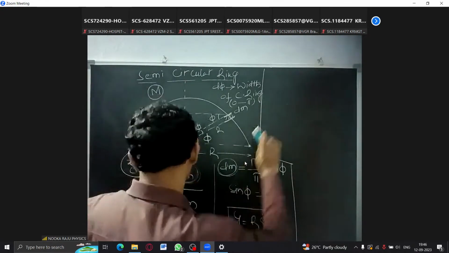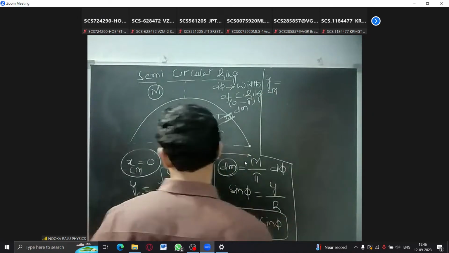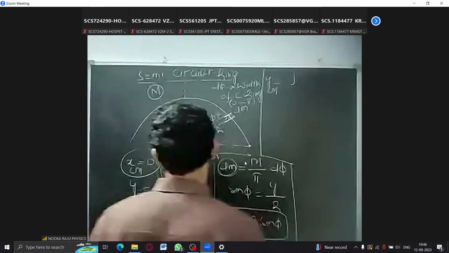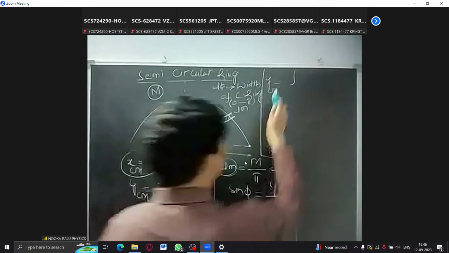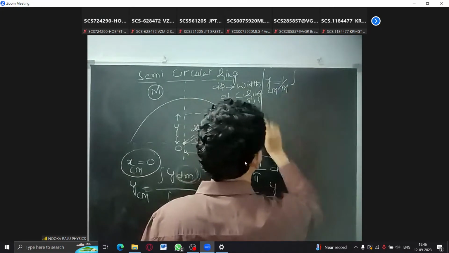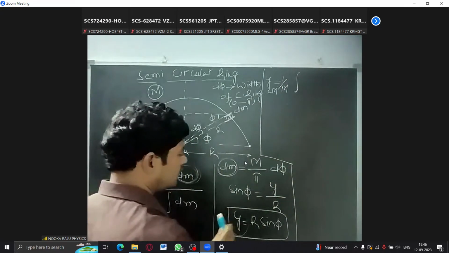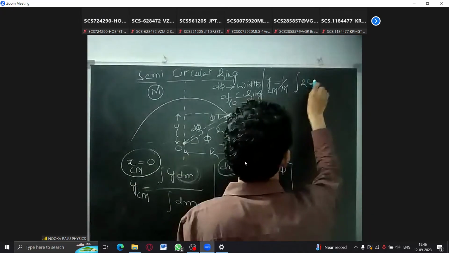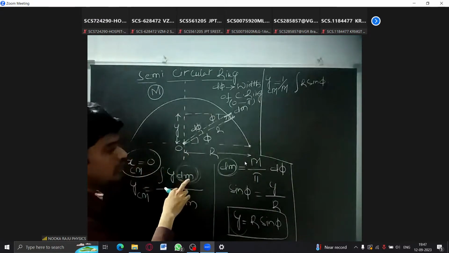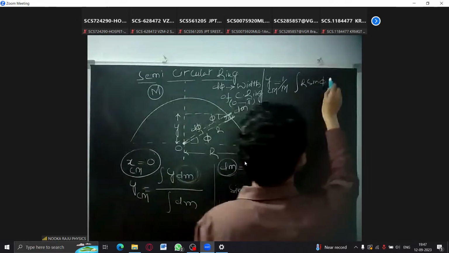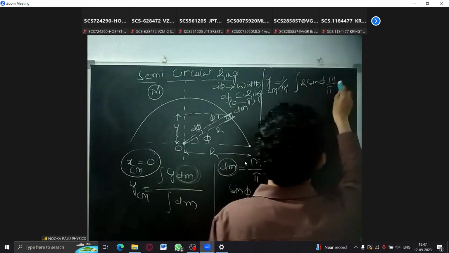So finally, what will we get? Therefore YCM equals 1 by M, since the integration of dm is nothing but capital M, times the integration of y, where y equals r sin phi, into dm, which equals M by pi into d phi.